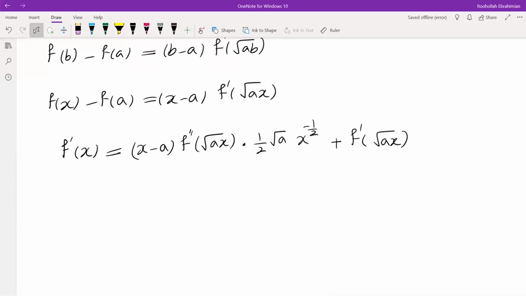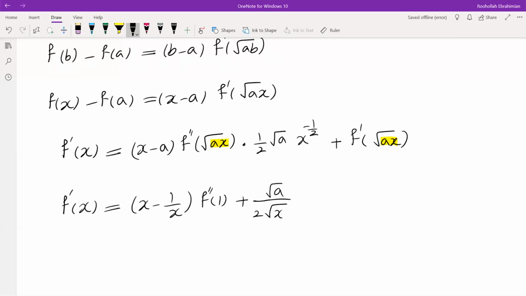Then looking at this is interesting because I see ax on both of them. So I can now plug in some value for a in order to make that a constant. So I thought about substituting a by 1 over x. That gives us f double prime of 1 plus root a over root x, and there's a 2 at the bottom, plus f prime of 1.